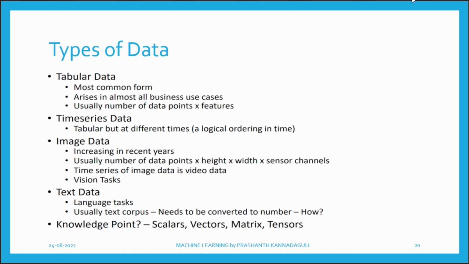Time series is actually similar to tabular data, but collected at different intervals of time. For example, stock data. The data corresponds to the same stock, but I am collecting it at different time intervals: today evening, tomorrow evening, the day after, like that, one full year. It's the same data, but collected in some ordering of time.